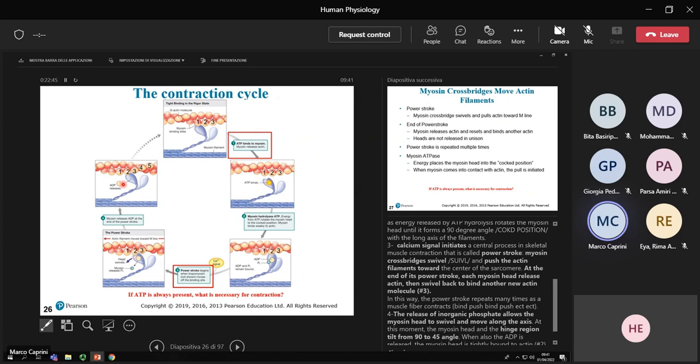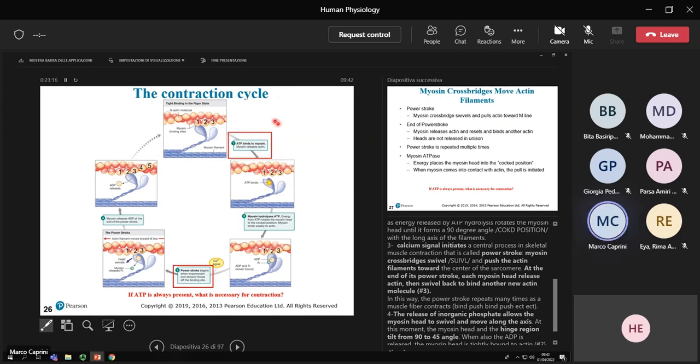In this case, ADP is released, P is released, and it binds to the actin molecule number 3. And when it binds, when the ATP is present, the process starts again.